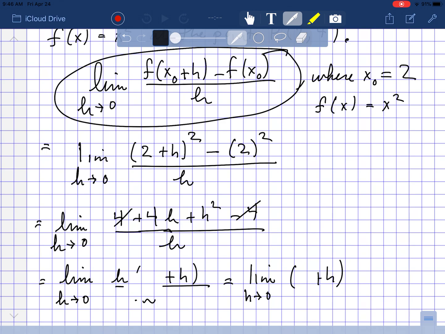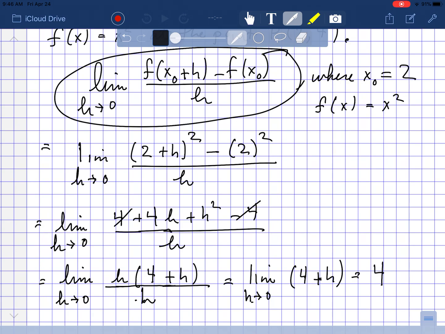And here I have a 4. And here I have a 4. Okay, so now we're looking at this limit, and as h goes to 0, this quantity 4 plus h is just going to approach 4.